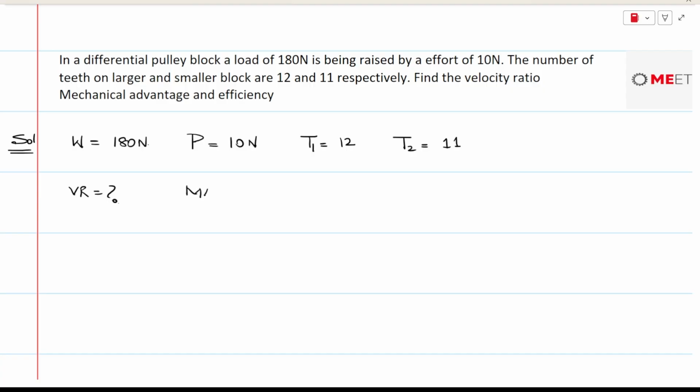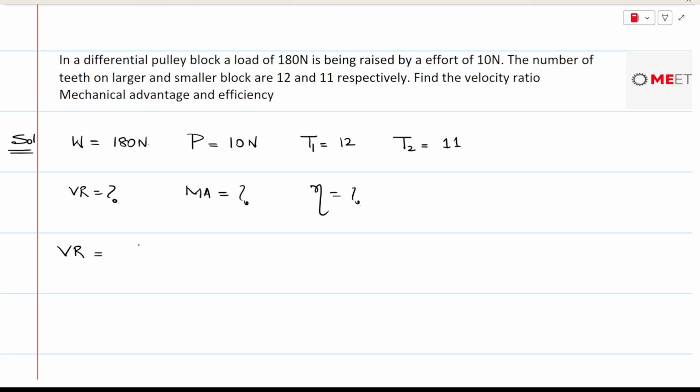Next is mechanical advantage and efficiency for the following cases. So velocity ratio is expressed as the displacement produced by the input wheel divided by the displacement of the output wheel. Now the displacement of the input wheel, or the number of teeth on the input wheel, the larger wheel where the effort has been applied, is 12.